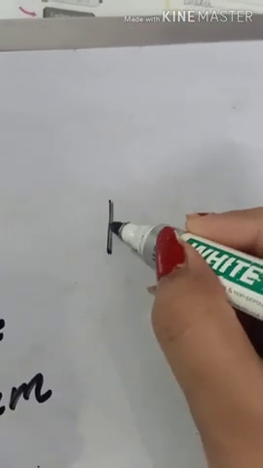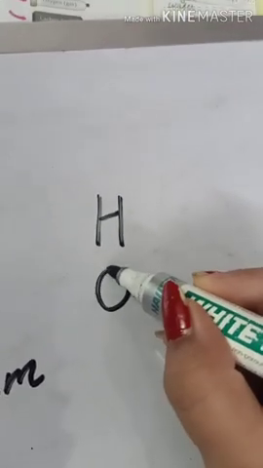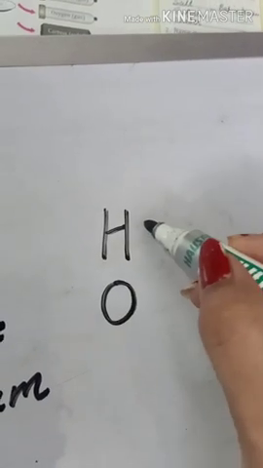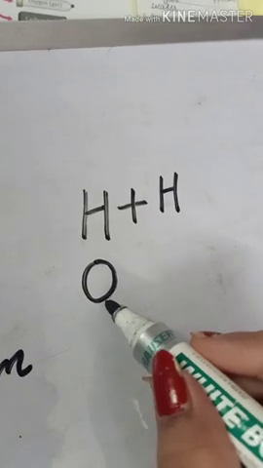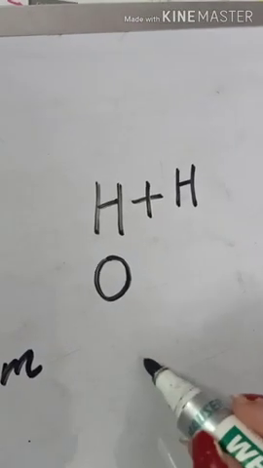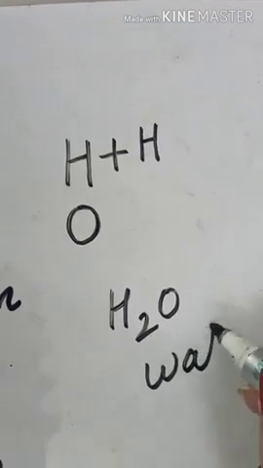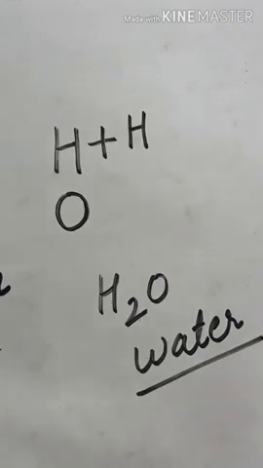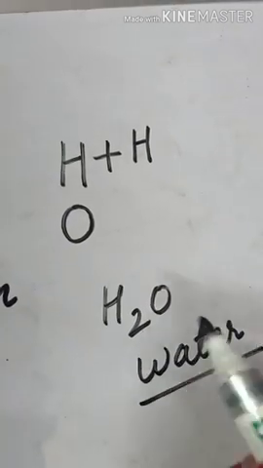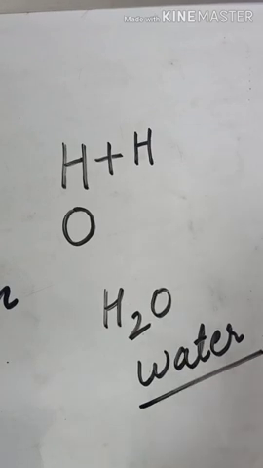In the same way, hydrogen, whose symbol is capital H, and oxygen, whose symbol is capital O. Now when two atoms of hydrogen combine with one atom of oxygen, they form a compound, that is water. So water, having the formula H2O, is a compound with constituents two hydrogen and one oxygen.